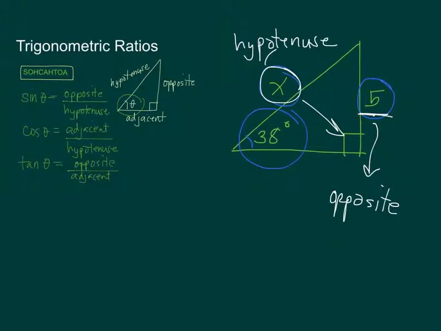Once you have identified the type of sides that you have, you can determine which of the three functions, sine, cosine, and tangent, can be used.